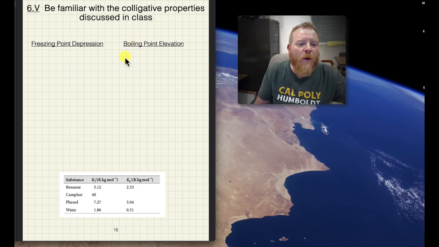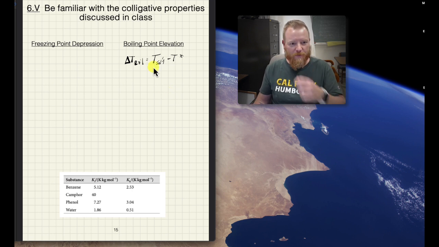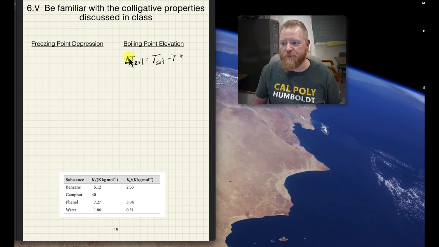So if we think about this quantitatively, there's a couple ways that we can write these equations. So for boiling point elevation, I'm going to write that as delta T boil. And because that's a boiling point elevation, that'll go T solution minus T of the pure material. So that quantity will always be positive.